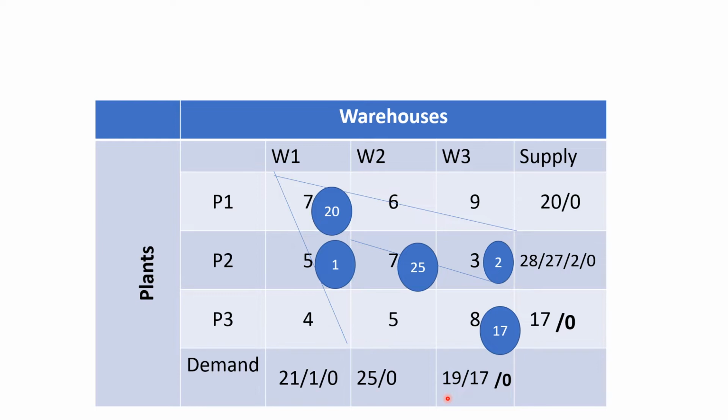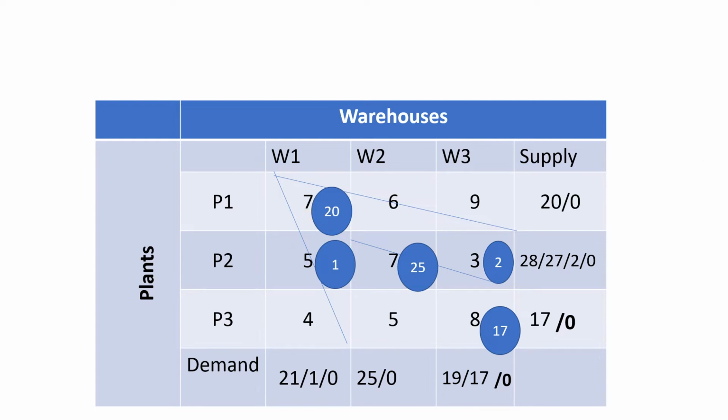This is the initial solution, and the total transportation cost, as you can understand, 7 is the transportation cost to transport a single commodity from source P1 to warehouse 1, W1. So to transport 20 units, I will be needing 20 into 7, that is 140. So that way we have to add them together to get the total transportation cost.